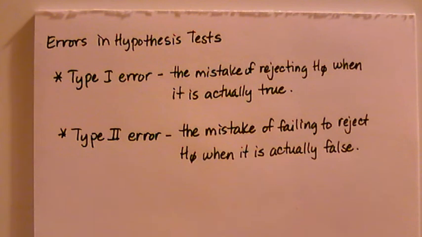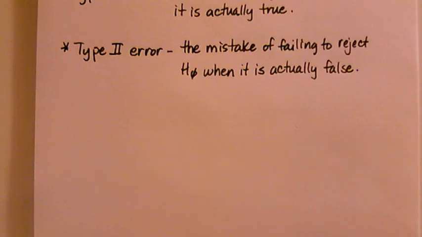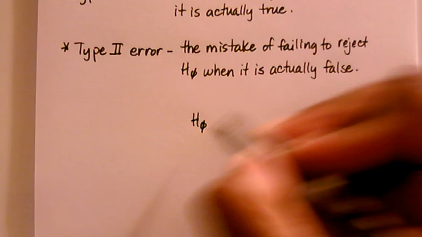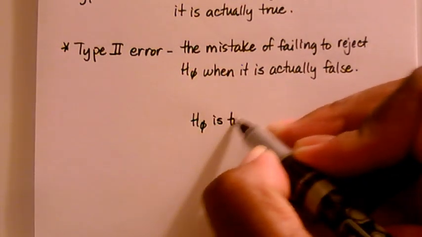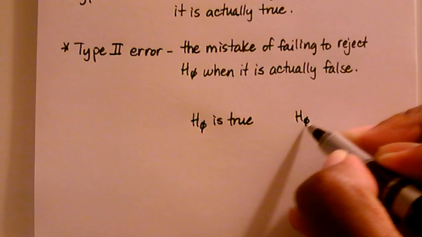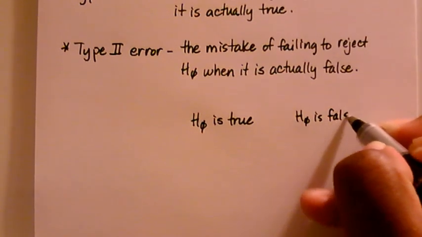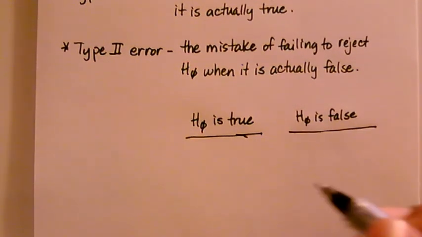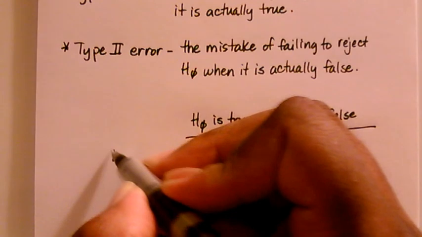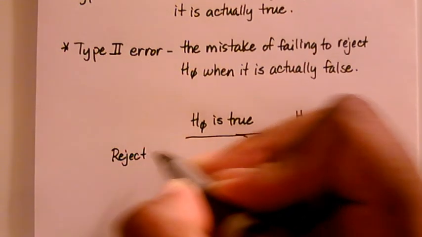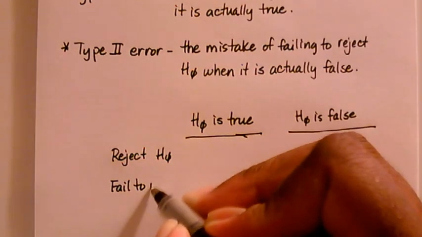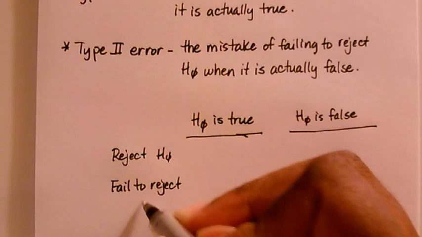So in this case, you're always testing the null hypothesis regardless to determine whether it is true or false. So the null hypothesis could be true, or the null hypothesis can be false. Because everything in this case is just going to be based on the null hypothesis. And then your decision is either to reject the null or fail to reject the null.